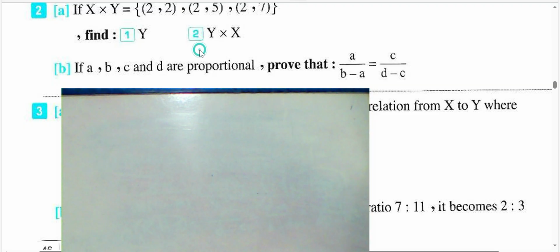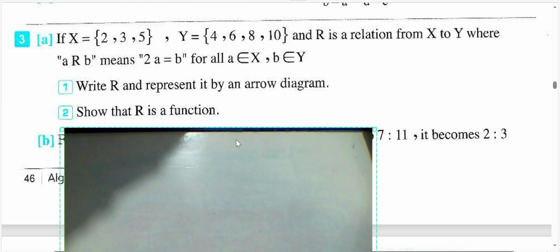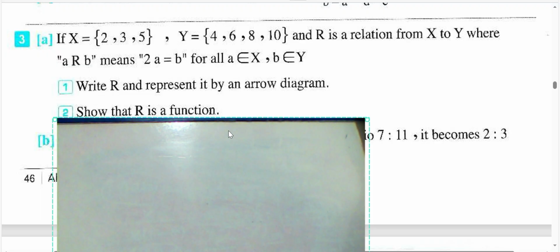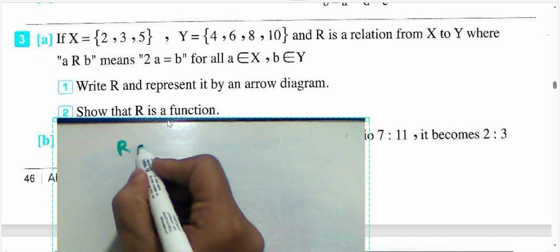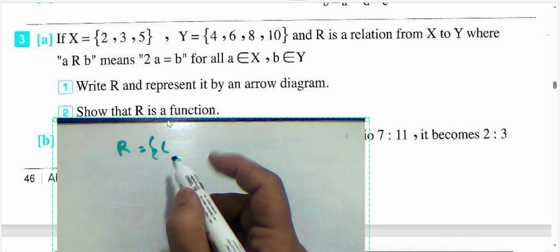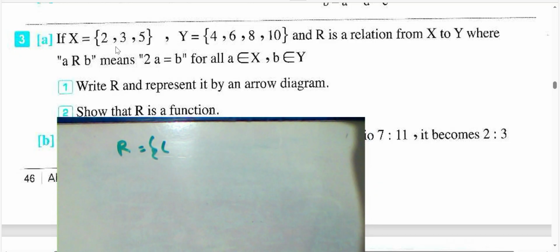Next, question number 3. If X equals {3, 5} and Y equals {4, 6, 8, 10} and R is a relation from X to Y, where A relates to B means twice A equals B for all A in X and B in Y. Write R. We can find the relation between X and Y: twice A equals B. Like 2 times 2 equals 4, right? 2 and 4.